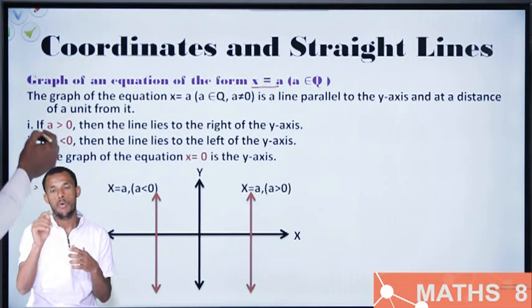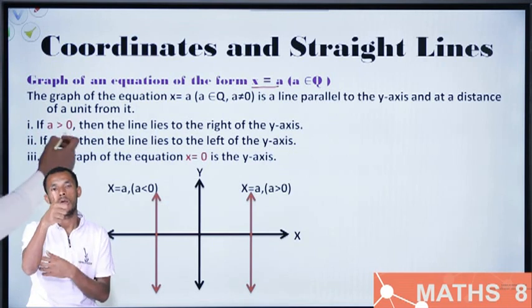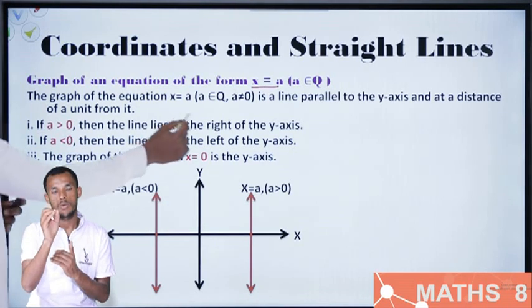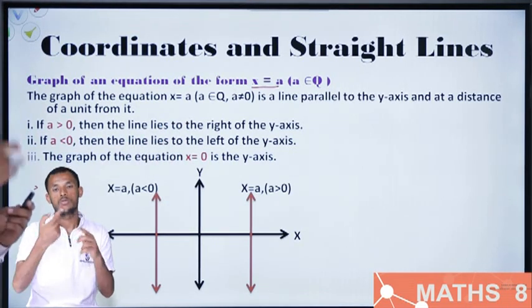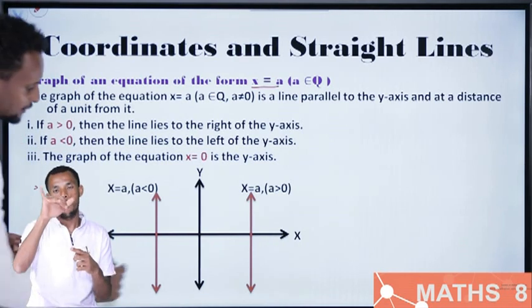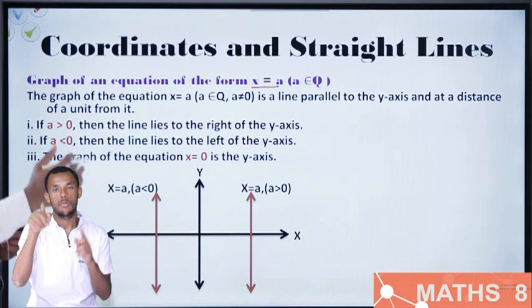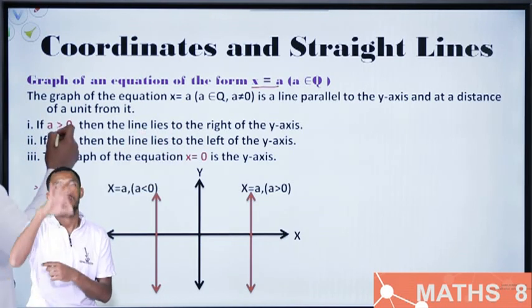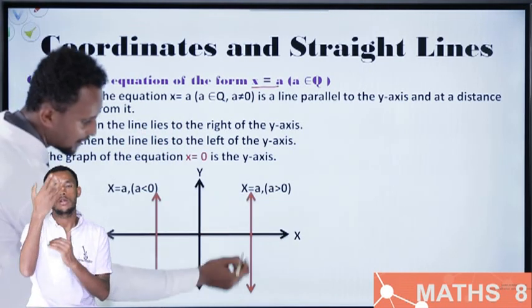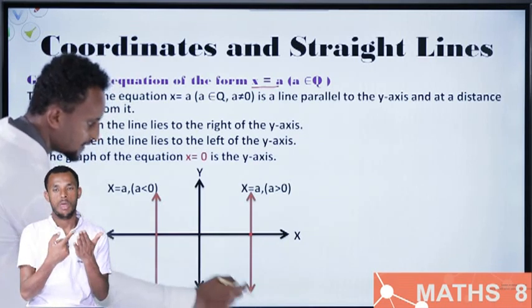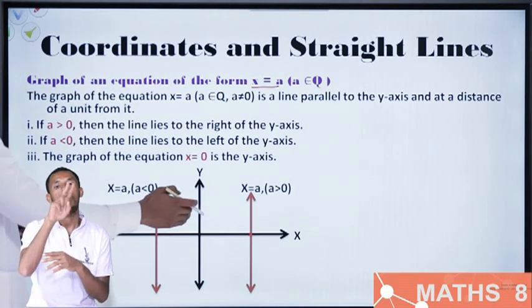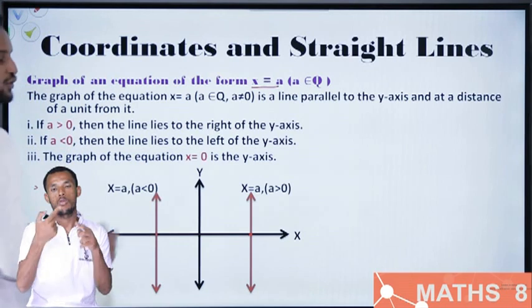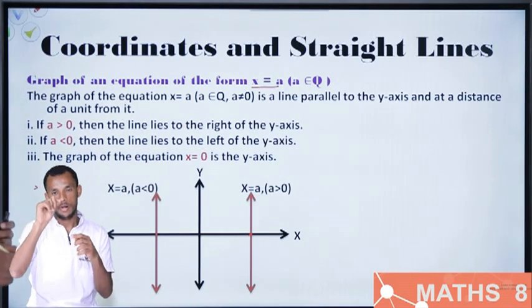If the value of a is greater than 0, then the line lies to the right of the y-axis, because the positive value is always to the right of the y-axis. The graph is a vertical line parallel to the y-axis.